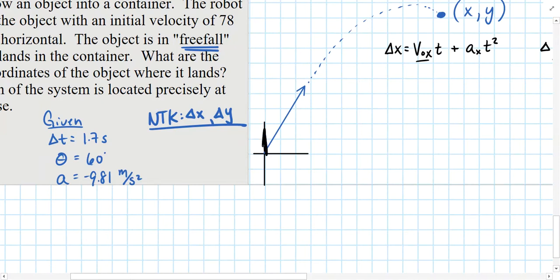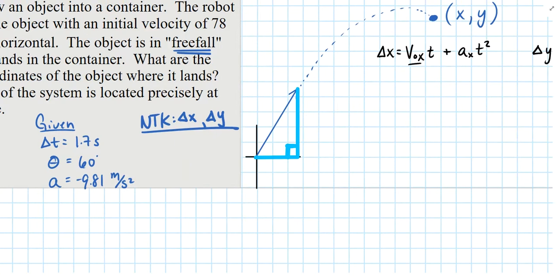Because again, at this moment of release, there is some vertical component and some horizontal component to this motion, and we can actually calculate that by considering the right triangle that's associated with this initial vector. So just like we've done in the past, the horizontal component to this vector, let's label it, the initial velocity in the horizontal direction, is going to be equal to the force in this direction, 78 meters per second.